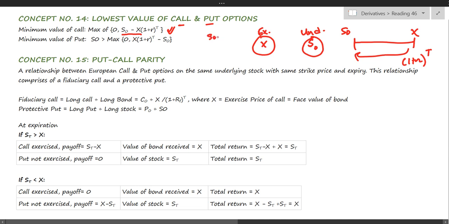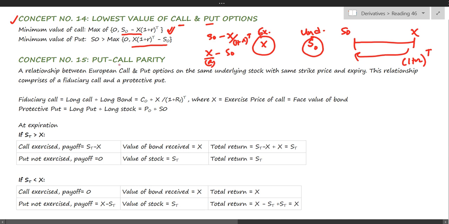In case of call, it is spot minus exercise price. In case of put, it is exercise price minus spot, just that the exercise price needs to be discounted to today's value. This is not the exact explanation. I have given this just to help you remember this equation. Alright, so if you can remember this, then that is sufficient for you.